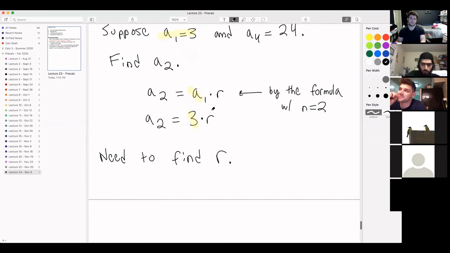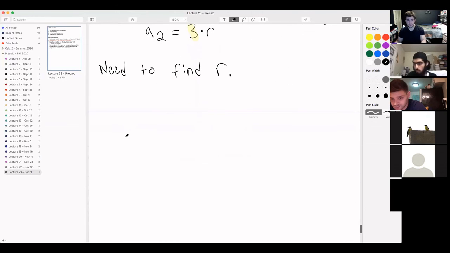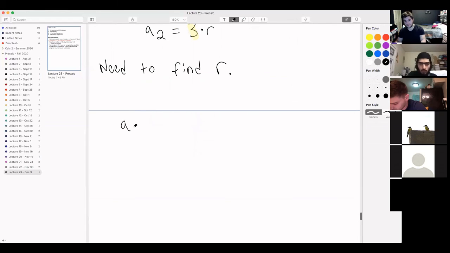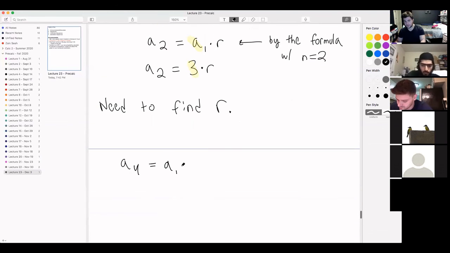And then we can just plug it in to a sub 2. So we need to use the fact that a sub 4 is 24. Firstly, a sub 4 is equal to, in the formula, a1 times r to the third. So that's by the formula.